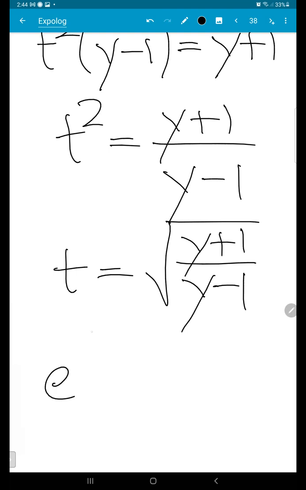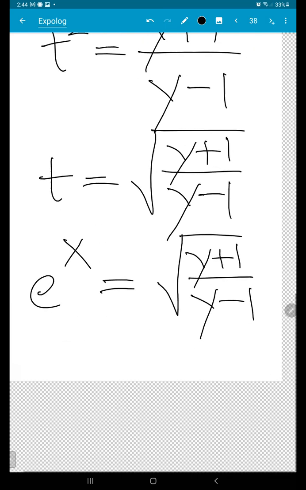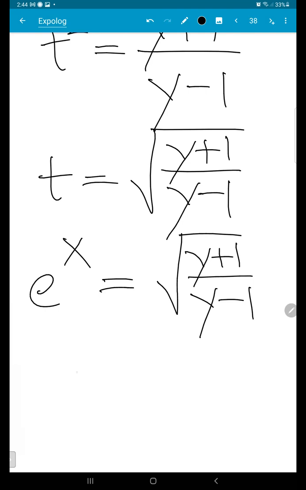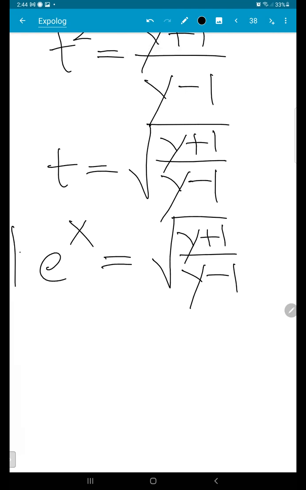t is e to the x. And then to solve for x, you use the inverse of e to the x, which is ln. You take the ln of both sides. Take the ln of the left-hand side, it's just an identity, ln e to the x.